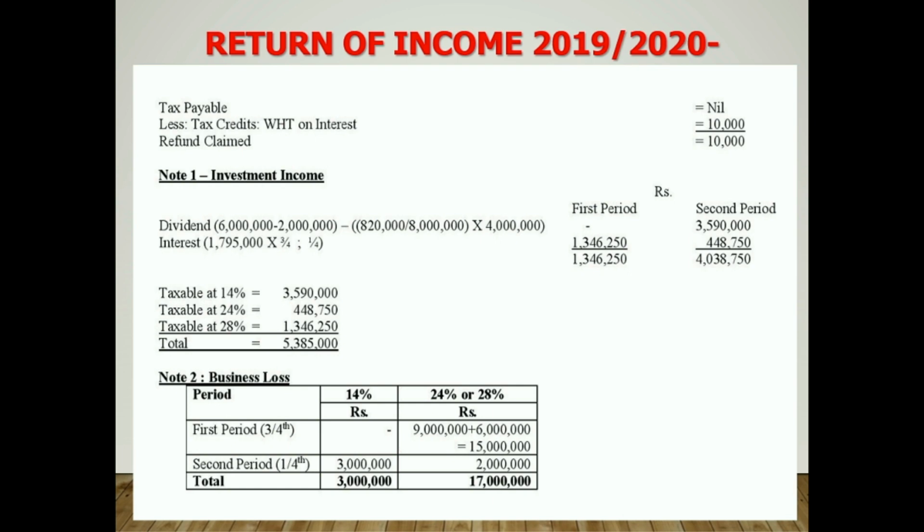So I am having 10,000 paid on interest income as withholding. That amount I can claim as a tax credit and as a refund. So in this year of assessment, my return will end with the refund amount of rupees 10,000.